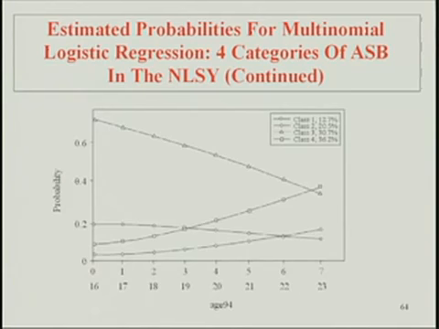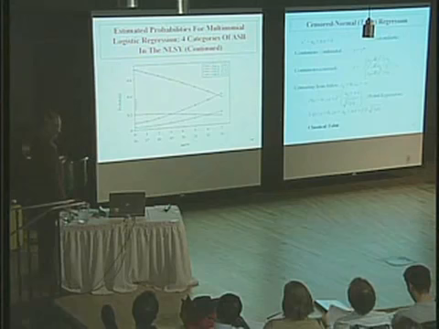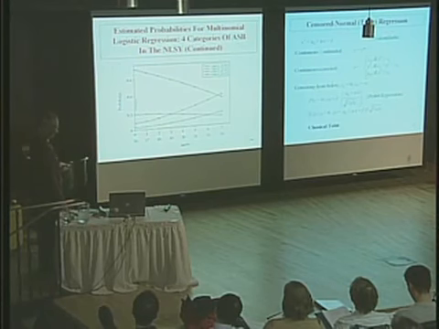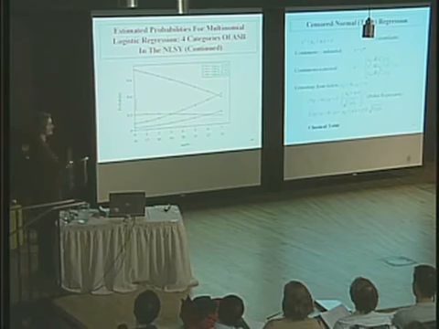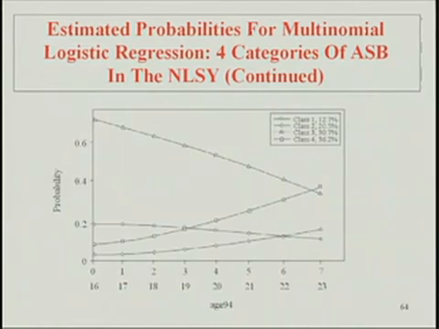Okay. So here we've evaluated for the black males age 17. We've evaluated at x equal 1 for everything, and then at some other value of x. And we can create these plots where age is on the x-axis and the probability of being in the category, I'm sorry I keep saying class because we do the same thing in latent class analysis, so the probability of being in the categories is on the y-axis.